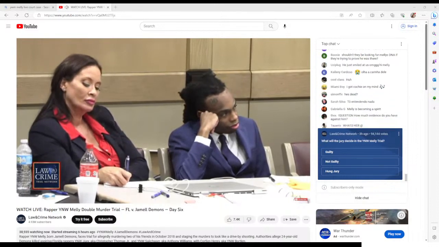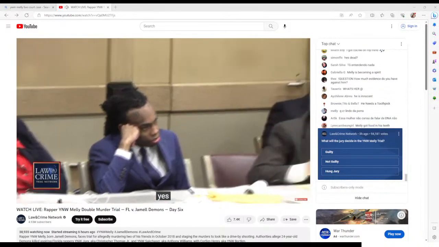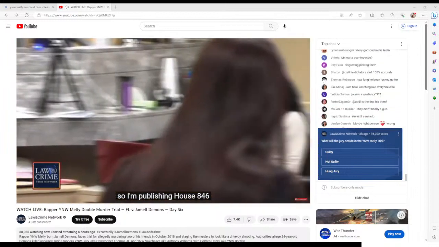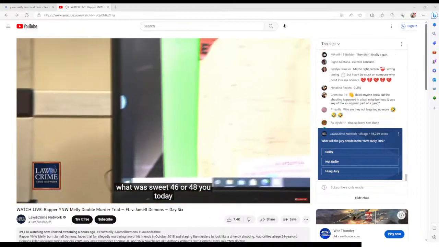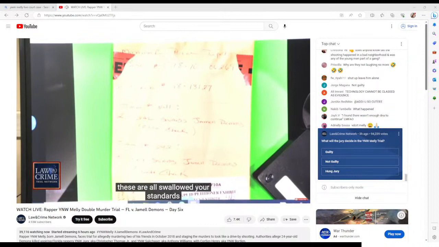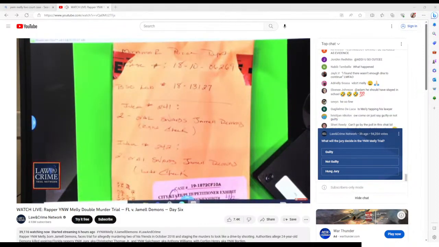So if I may, publish for the jury. So I'm publishing now State's 46. What was State's 46 purported to you to be? These are oral swabs or standards from juvenile Demons.